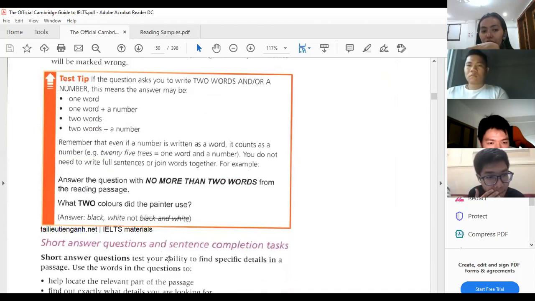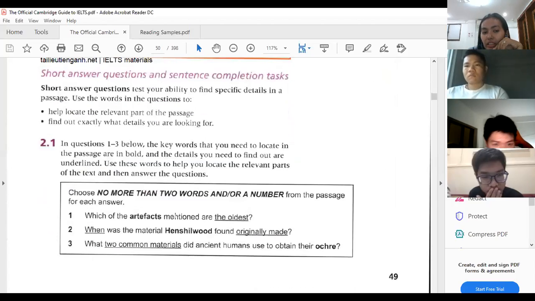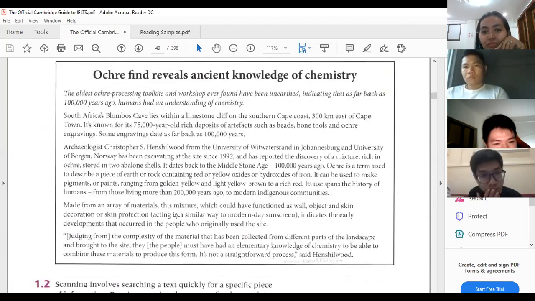Remember, you can only use how many words? No more than 2 words and or a number. So that means there are only 2. Okay, let me scroll back. I confused the question. Oldest. Only 1 or 2 words.